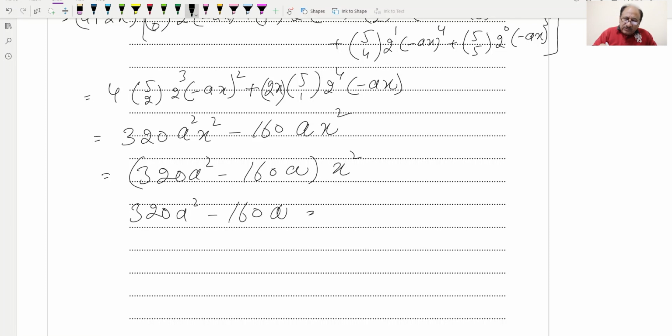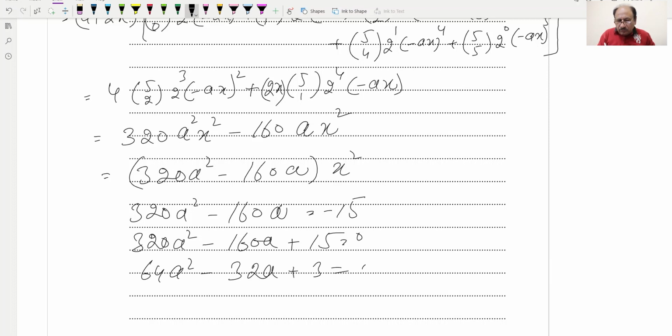It is given in the question that it is equal to minus 15, so I'm taking equal to minus 15, and we can shift this to the other side, and our quadratic equation will be 320a squared minus 160a plus 15 is equal to 0. Now we can divide this equation by 5 and we will get 64a squared minus 32a plus 3 is equal to 0.